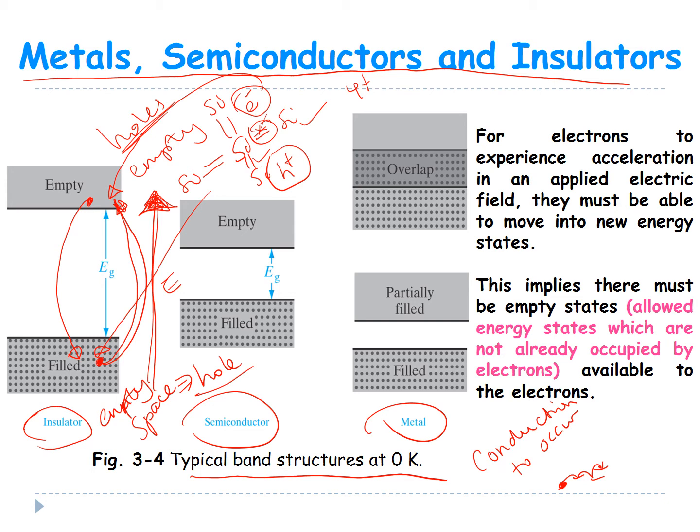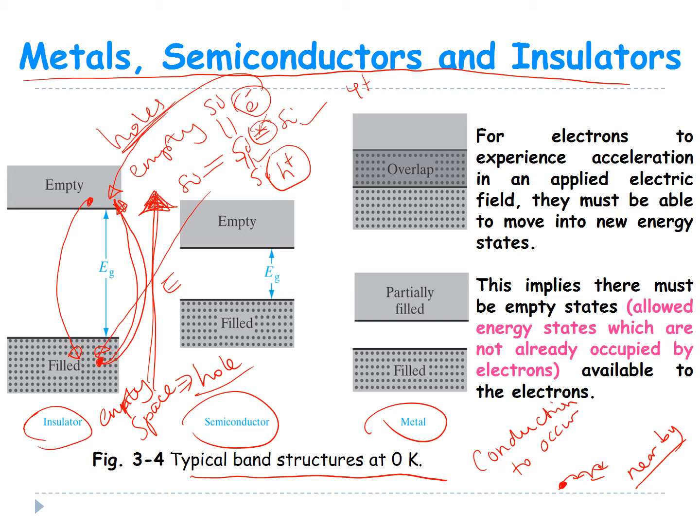Now, for conduction to occur, electrons should have empty spaces available that are nearby. So that's very, very important. The empty spaces should be nearby. Now, if you look at the insulator, you can find that in the valence band, because the valence band is filled with electrons, there are no empty spaces where electrons can actually go to and have a net motion, so to speak.